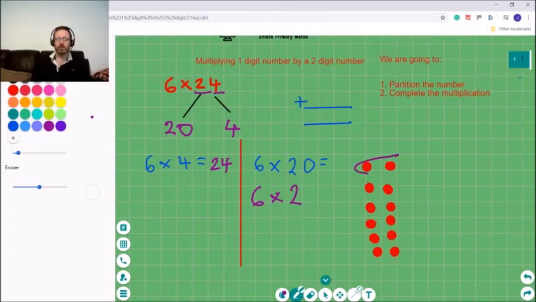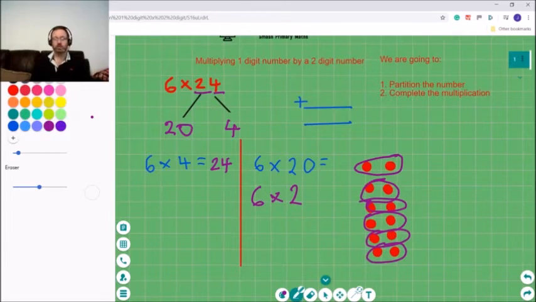So there is one lot of 2, there's 2 lots of 2, 3 lots of 2, 4 lots of 2, 5 lots of 2, 6 lots of 2. Again, we're using the multiplication tables. When we count up in 2s, we're just adding on in 2s. So 2, 4, 6, 8, 10, 12.